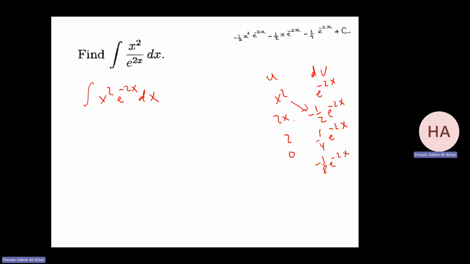So this is plus, this is minus, this is plus. So what I have will be minus half x squared e^(minus 2x), minus half x e^(minus 2x), minus 1 over 4 e^(minus 2x). Yeah, not difficult.